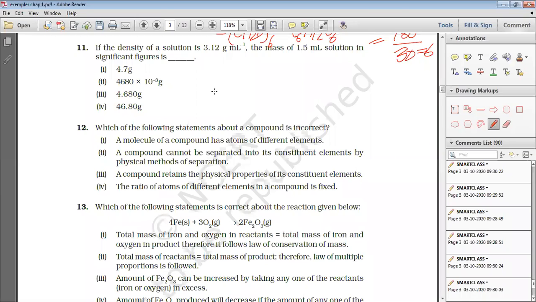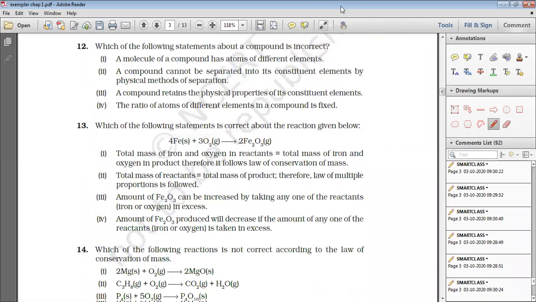If the density of a solution is 3.12 gram per liter and the mass of 1.5 ml solution in significant figures, this is out of our syllabus. Which of the following statements about a compound is correct? A molecule of a compound has atoms of different elements.